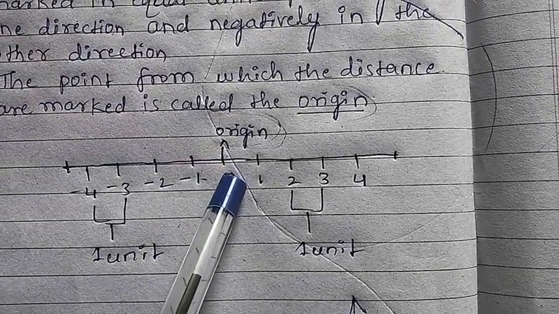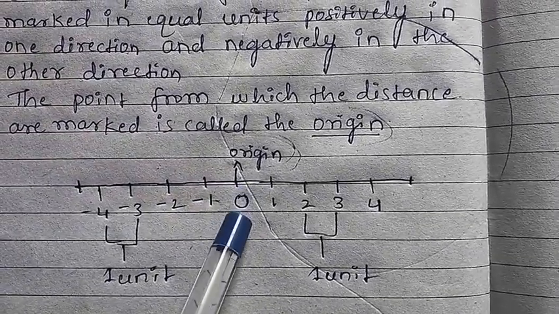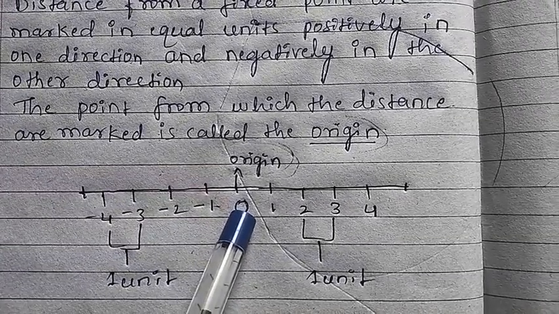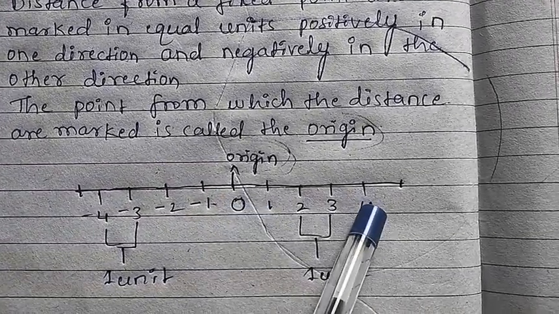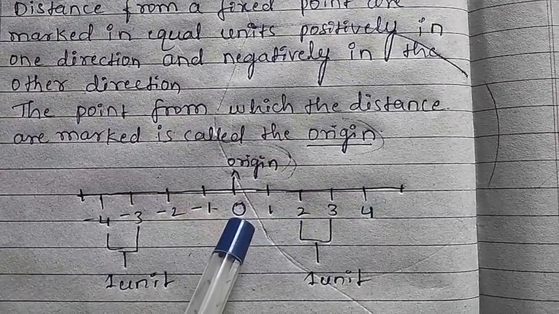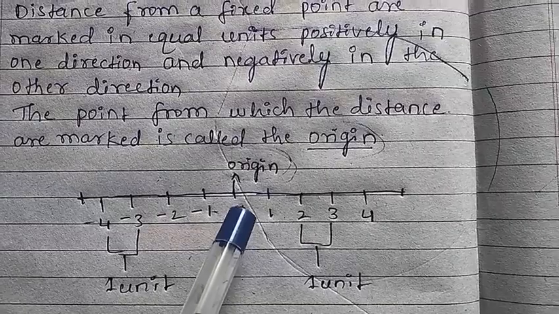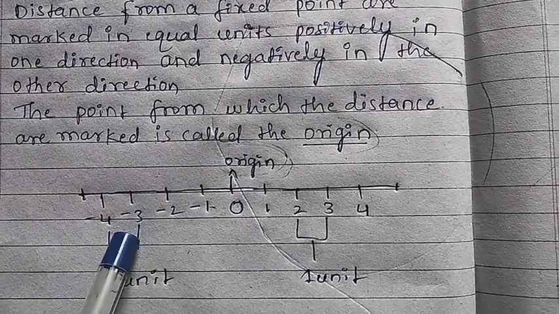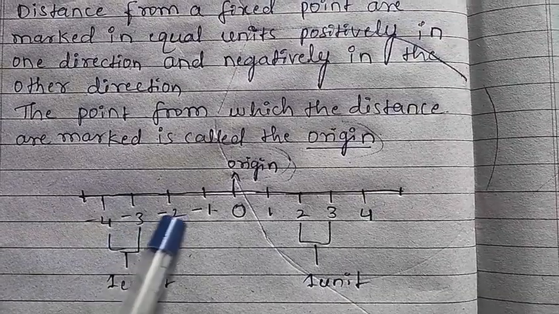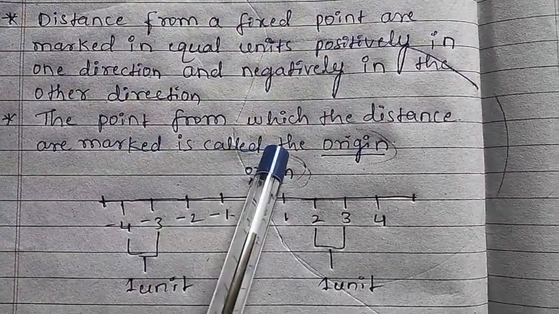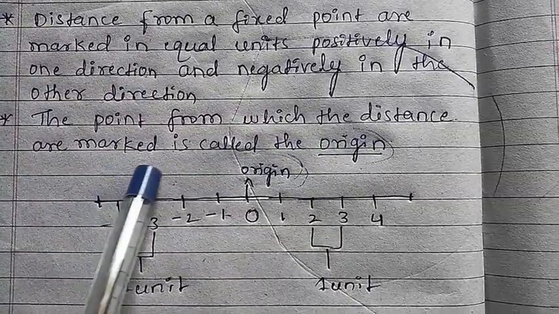The distance from the fixed point, that is O, on the right side is positive integers, and the distance from the fixed point on the left hand side are called negative integers. Now see the second point, the point from which the distances are marked.